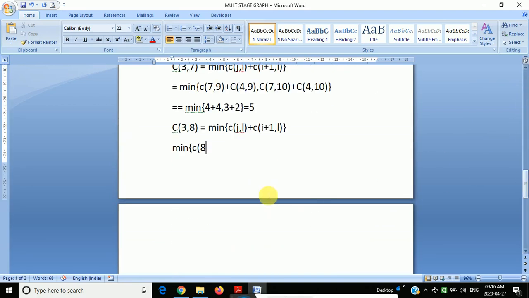So 8 comma 10 plus C, I plus 1 means 4. 3 plus 1 means 4. Out degree is 10, comma C 8 comma 11 plus 3 plus 1 means 4, 11.